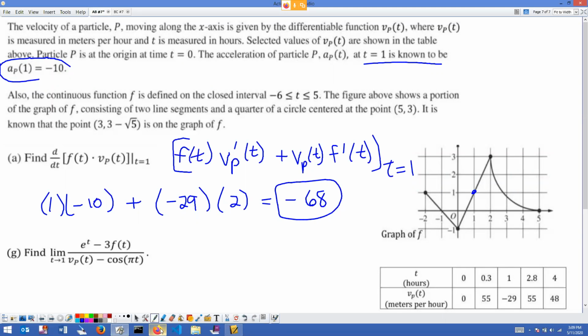All right, and then B, C, D, E, and F are ones we've done other days, and I posted the video with those up already. Part G asks us to find the limit as t approaches 1 of this.